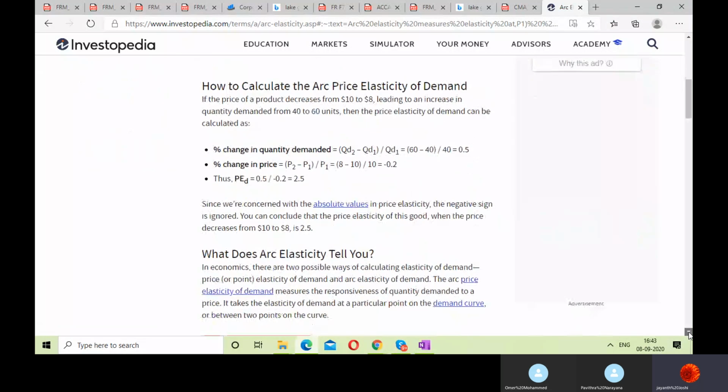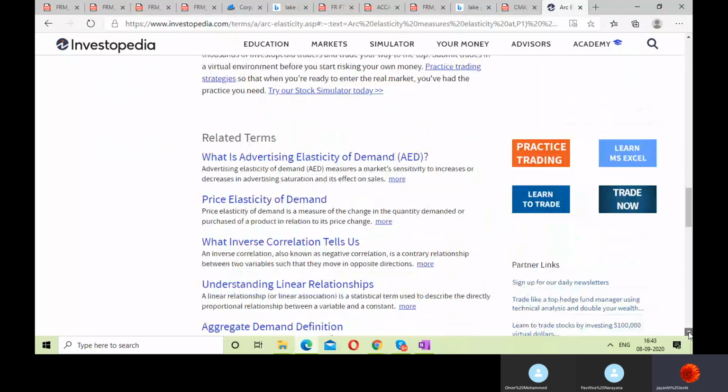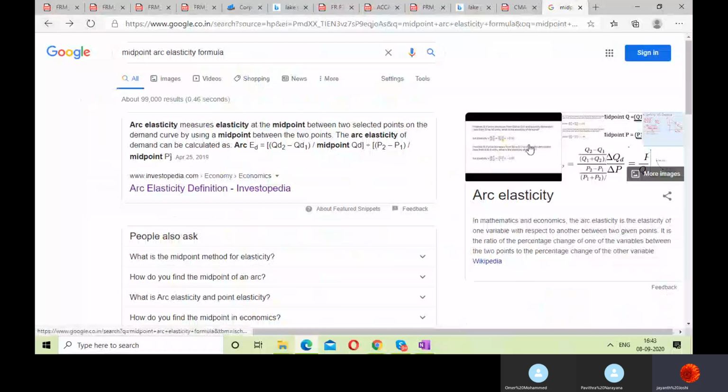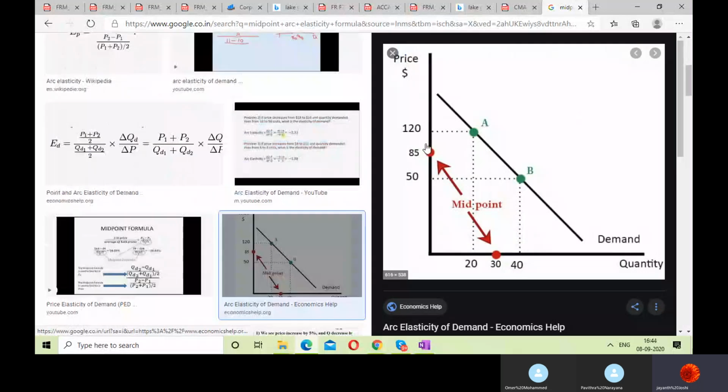This is just point to point. Here this is point A, this is point B, so it is taking point to point.